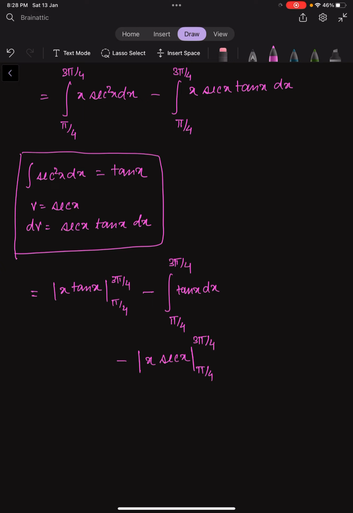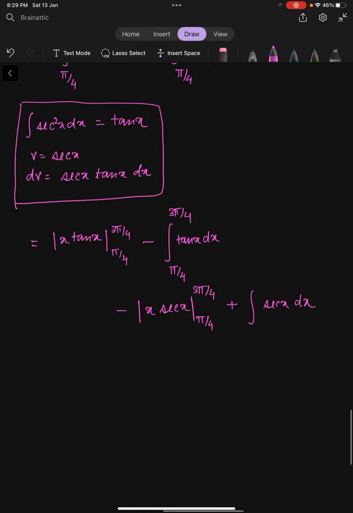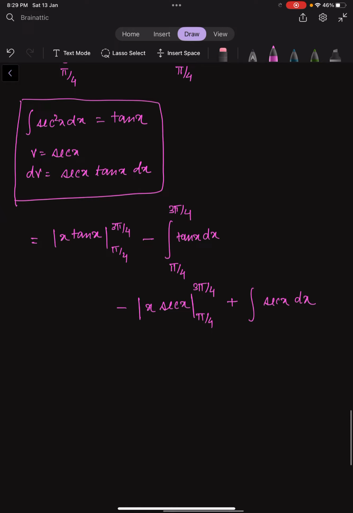As already said, we are going to integrate this, and the integration will give us secant x. So we already know the formula, and we are applying it, and we will have plus the integral of secant x dx over the range pi by 4 to 3 pi by 4.